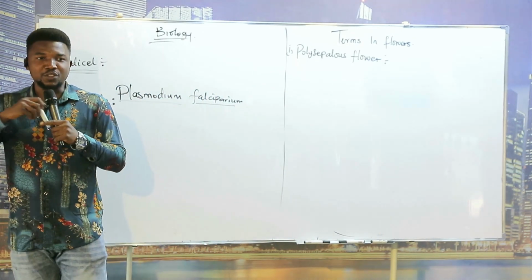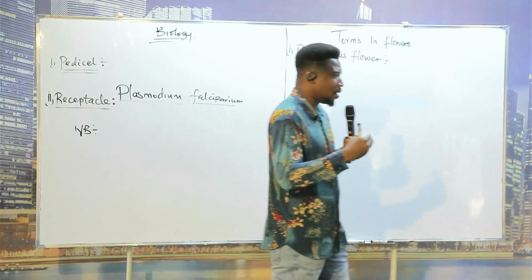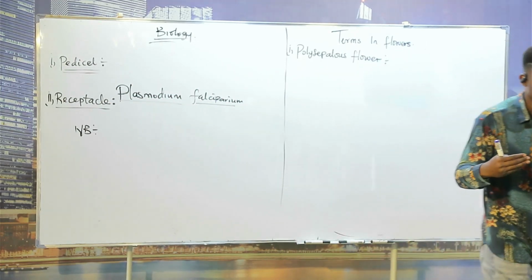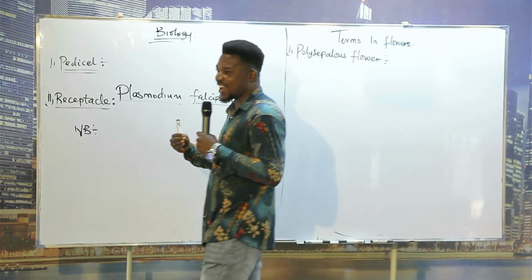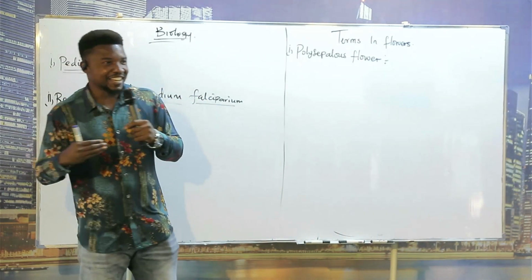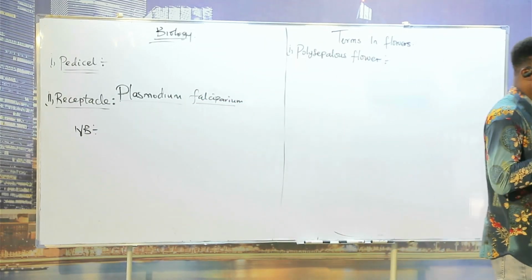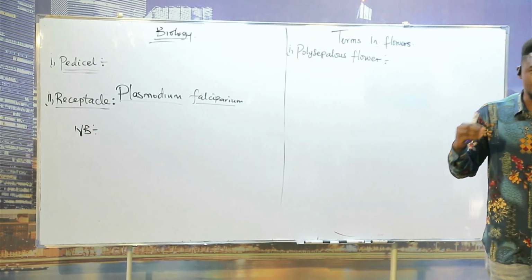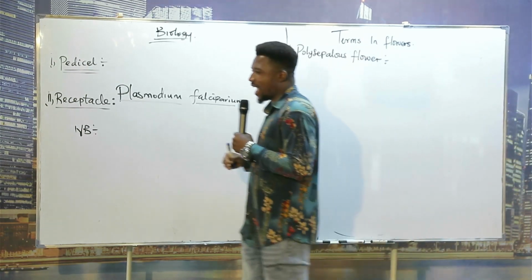For example, bacteria come more with the shape. With gonorrhea, Neisseria gonorrhoeae, they call it gonococcus, meaning that particular bacterium is spherical in shape.